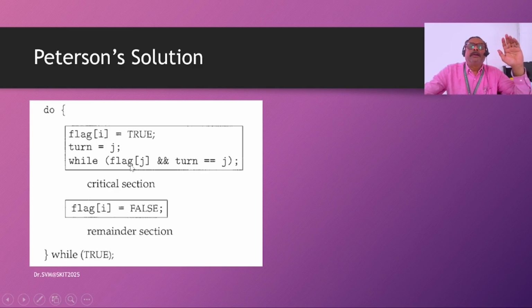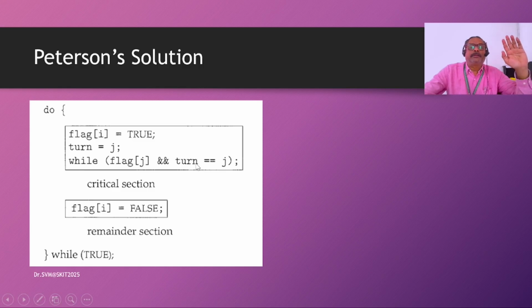So that means if J has already raised its flag, so flag J is true, and we have just made turn equal to J, so turn is J, this is also true. And if flag of J is already raised, then both of them are true, and these two are operated by an AND operation.